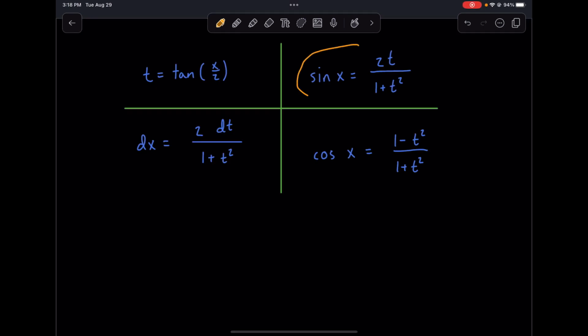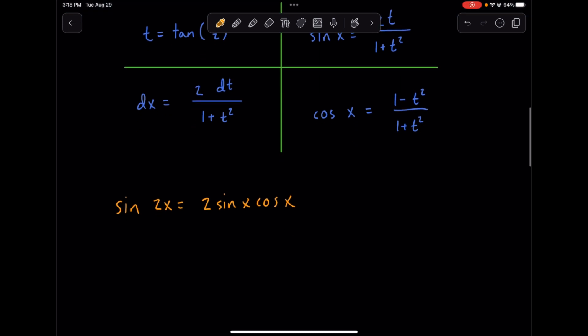Okay, so now I'm going to prove the sine x substitution. We're going to start by knowing the trig identity that sine of 2x equals 2 sine x cosine x. Keeping that in mind, we can say that sine of x is equal to 2 sine of x over 2 cosine of x over 2.